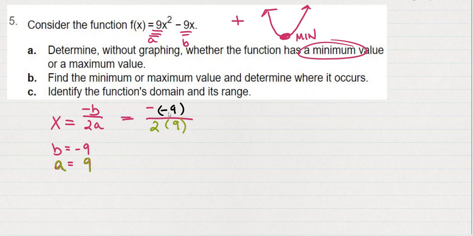So you see that this negative times negative undoes each other, so we end up with a positive, and the opposite of b over 2a ends up being 9 over 18, goes into 9 once, so we just get 1/2. So the x coordinate of the vertex is 1/2.